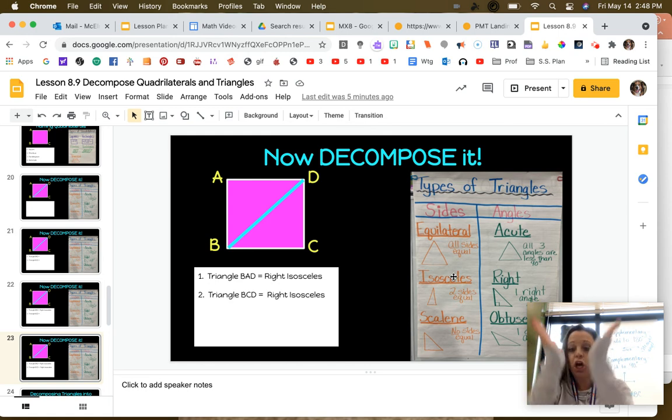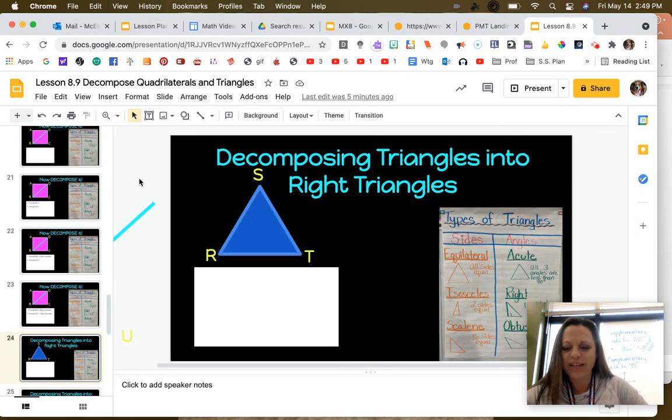So it's like a cone. So, yeah, they appear to be isosceles. So this square, this quadrilateral, can be decomposed into 2 right isosceles triangles. Isn't that fun? Oh, that's the end. No, it's not. I knew we had more.